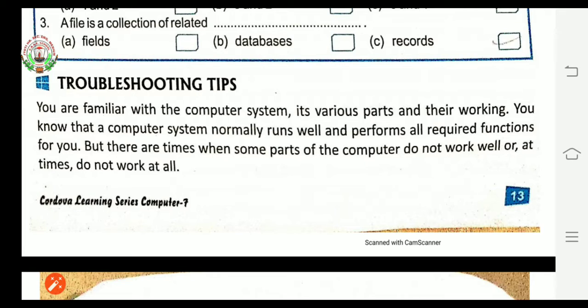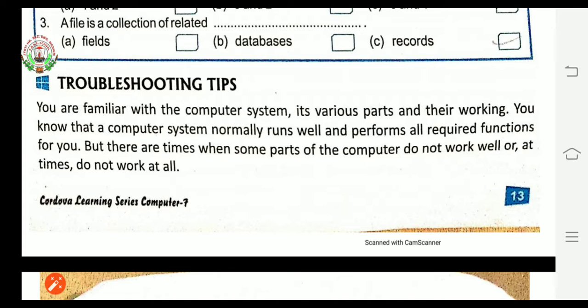With the help of the previous class you have all understood nicely about the computer system, its various parts and how it works. Whenever we do any work, our computer system normally runs very well and performs all the required functions for you. Whichever instructions you give to the computer, it will do that work properly.